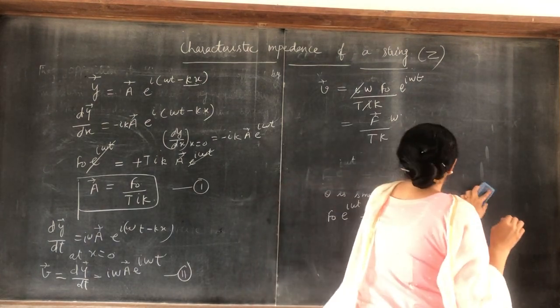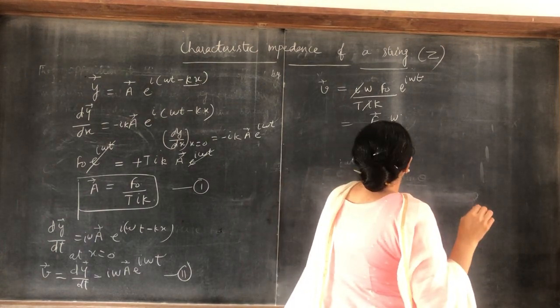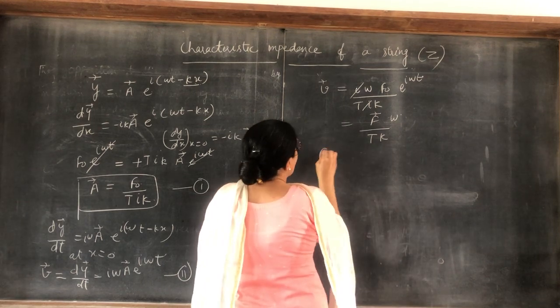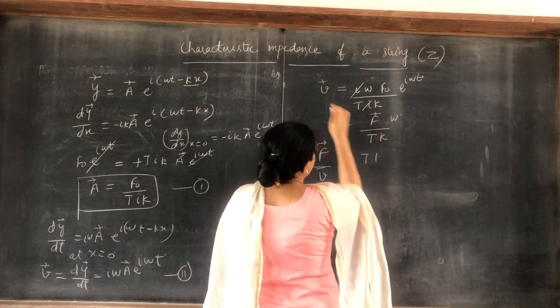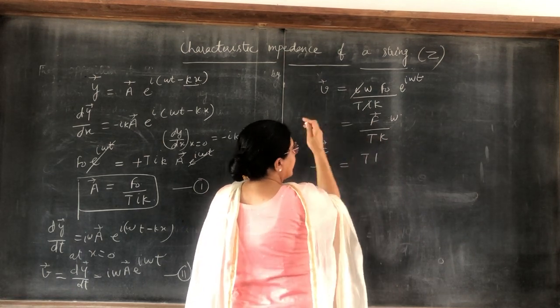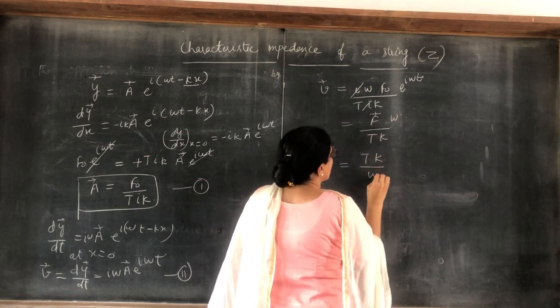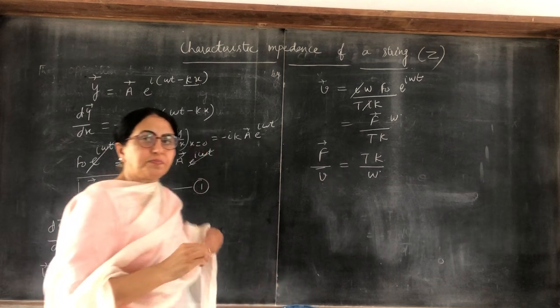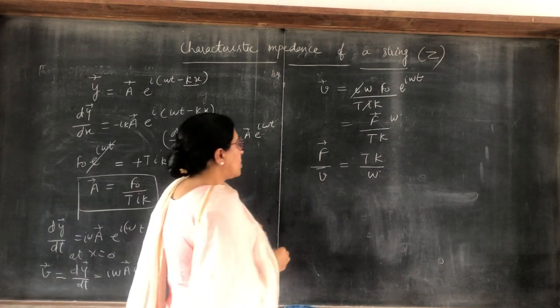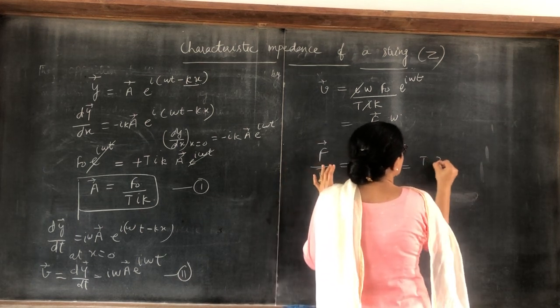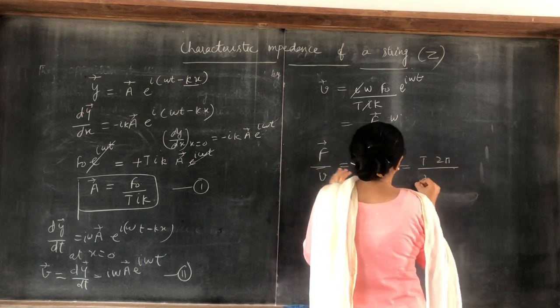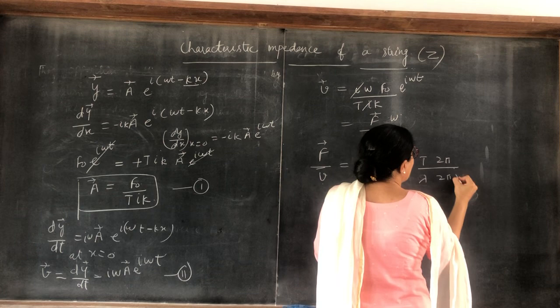So from this you can find out f over v. So f over v is equal to, taking v here, Tk by omega. So this is f over v, and you know that k is 2 pi by lambda and omega is 2 pi nu.